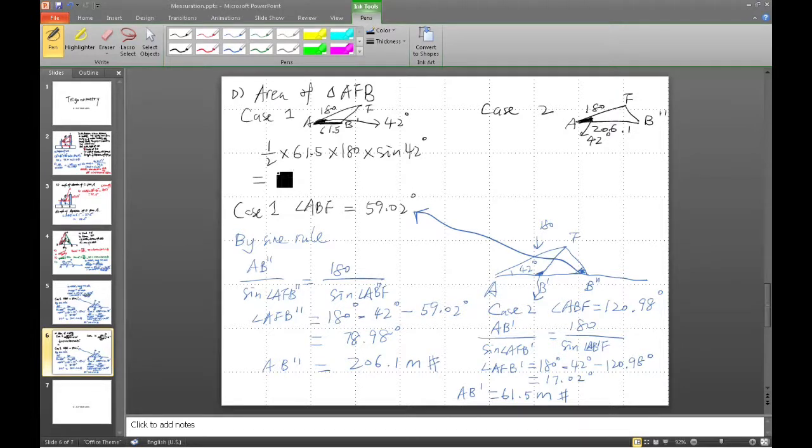Therefore, we sub in all. The area we get is 3,700 meters square. For case 2, once again we can use the area rule, half times AB prime times AF times sine angle. Let's sub in all values. We get 12,400 meters square.